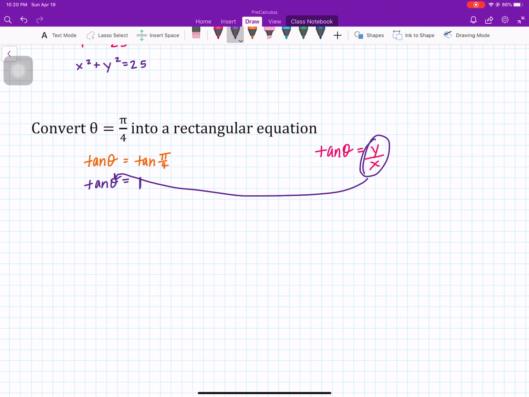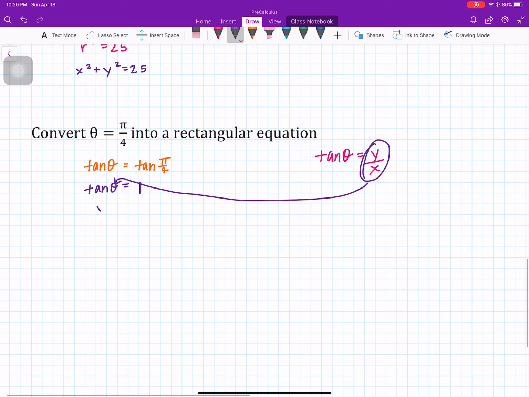So you can replace it: y over x equals 1. And then multiply to get rid of the fraction. So it's the equation y equals x. So that's another hint for you when you only have a theta.